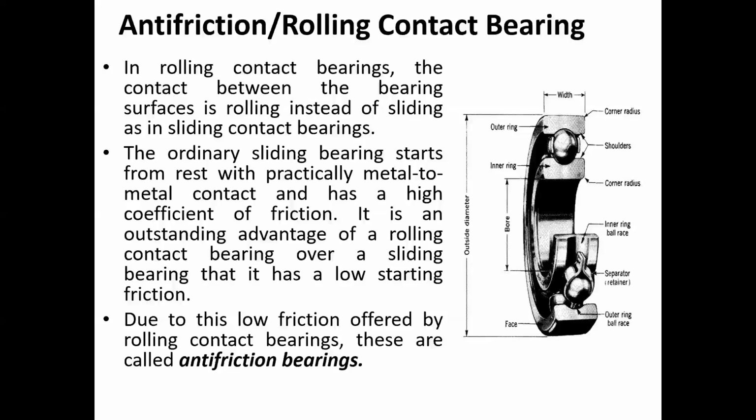So the rolling contact bearings are called anti-friction bearings because the friction in the rolling contact bearing is very less due to the point or line contact between the two surfaces in relative motion, and even at very slow speed or at zero speed, the friction value is very less as compared to the friction in the starting stage of rotation of the shaft in sliding contact bearing.